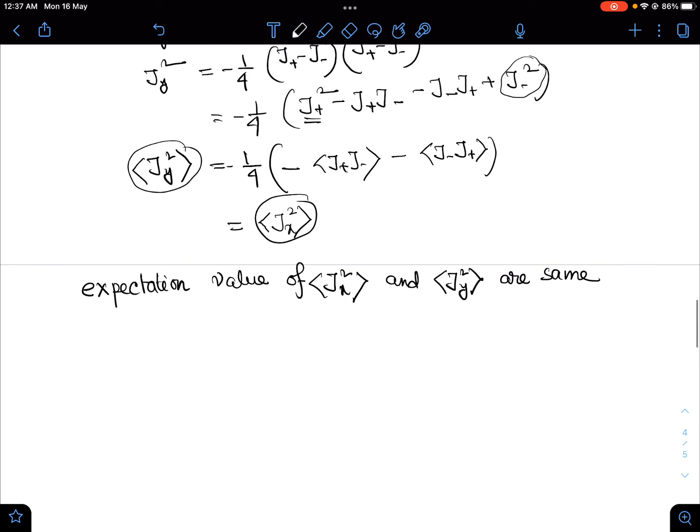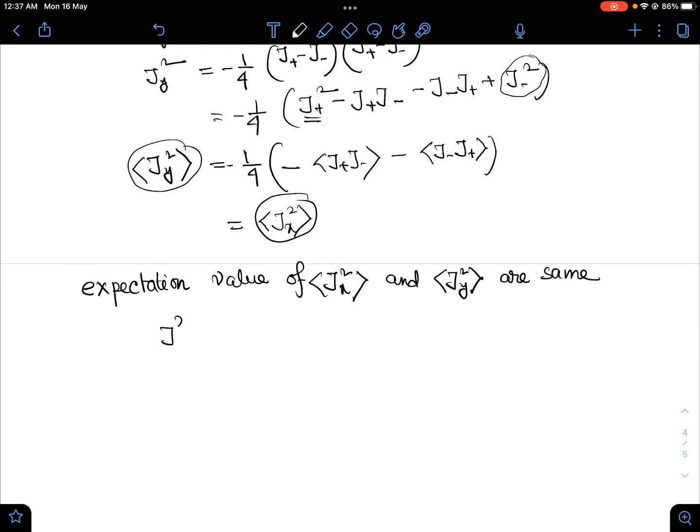Now we know that J squared is Jx squared plus Jy squared plus Jz squared. So the expectation value will be this.